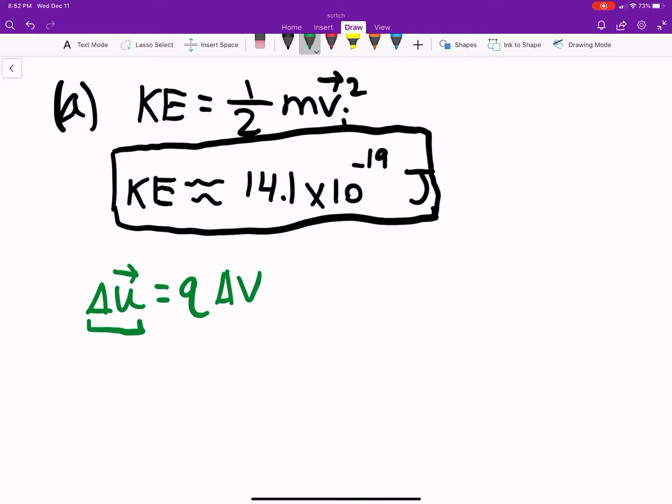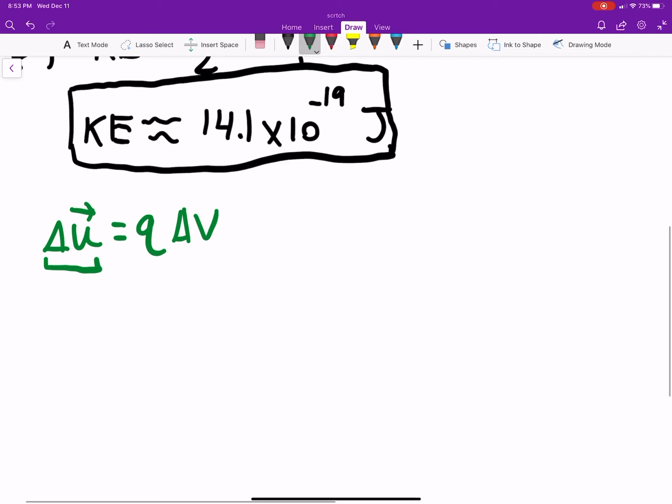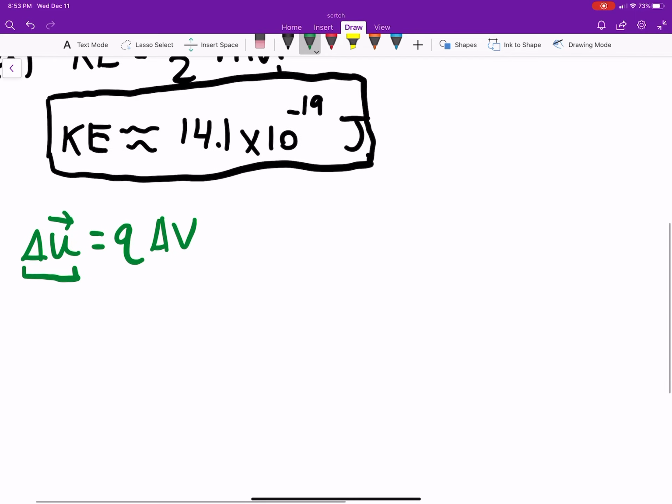And V is the potential difference of the voltage, which in this case was given to us. Delta U will be your potential energy, delta V is your potential difference, and Q is the charge of an electron, which I'll denote here.